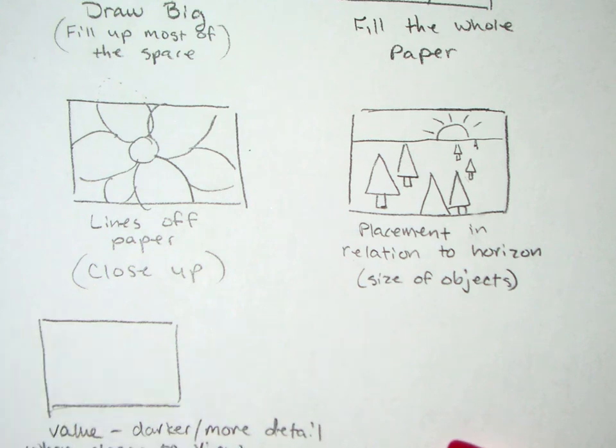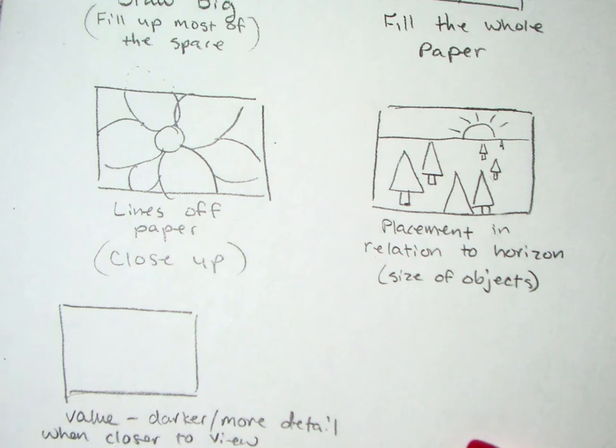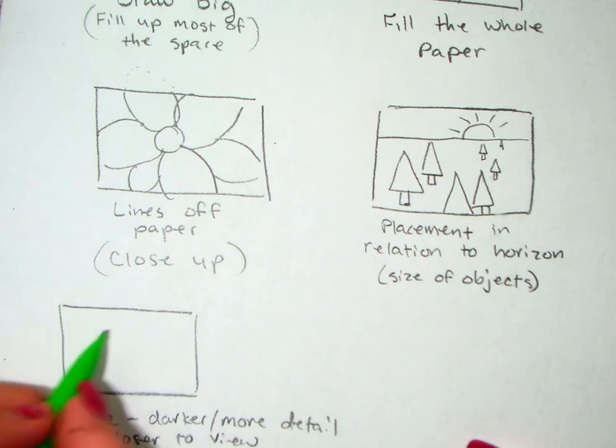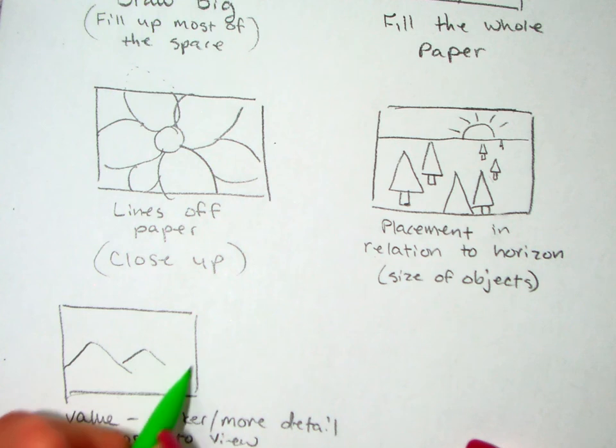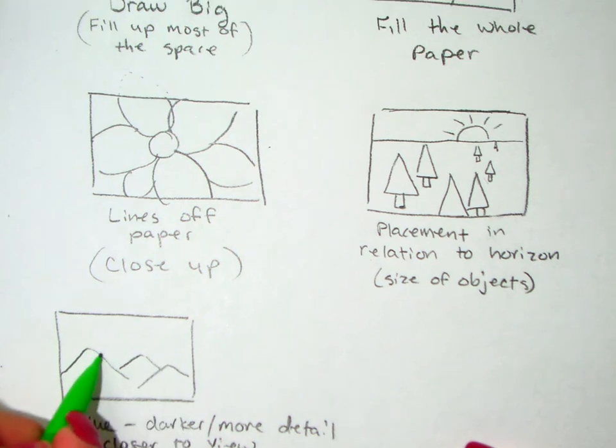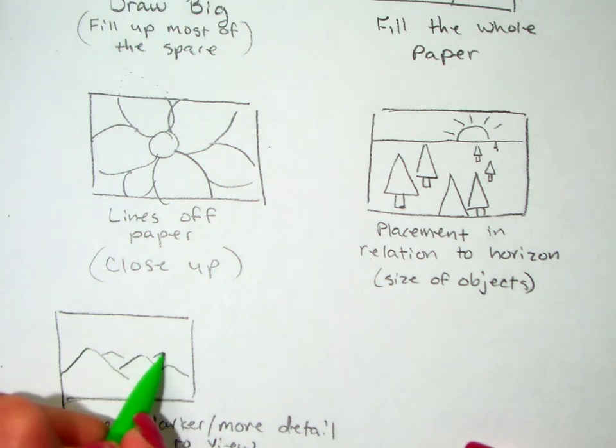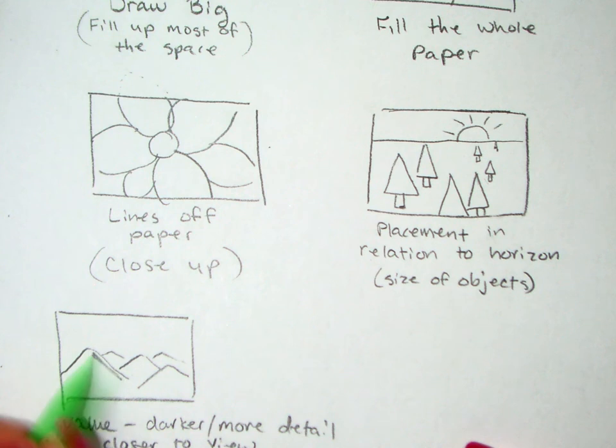So if you have, let's say, what do I want to do for an example? Well, you see this a lot. You see these mountainscapes, and we have all these ranges of mountains, and then we have them kind of fading off into the distance. So these are going to be darker the closer they are to you.